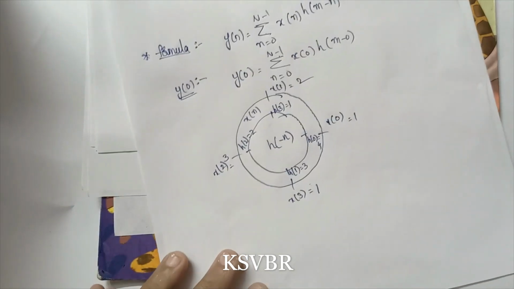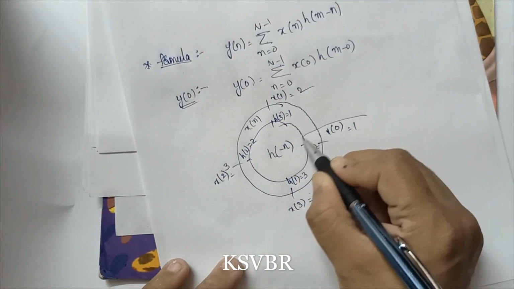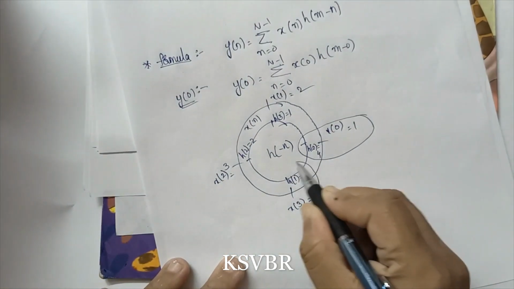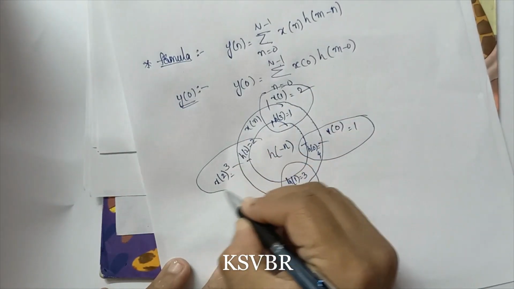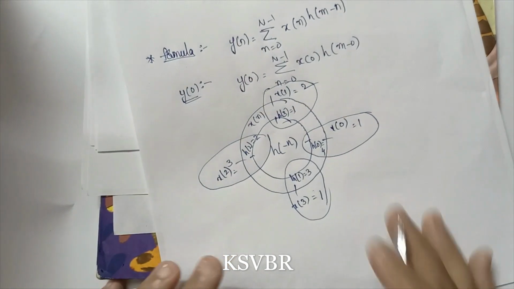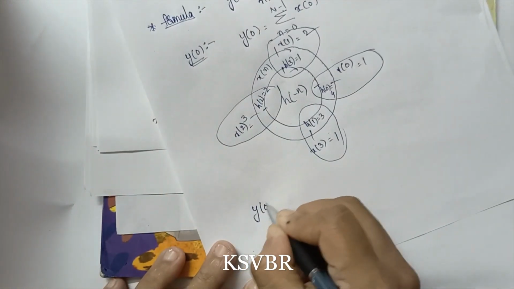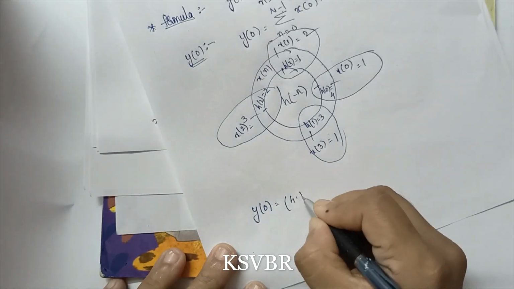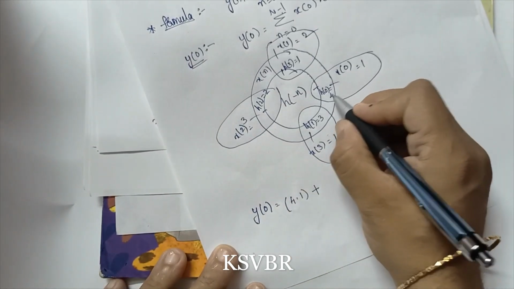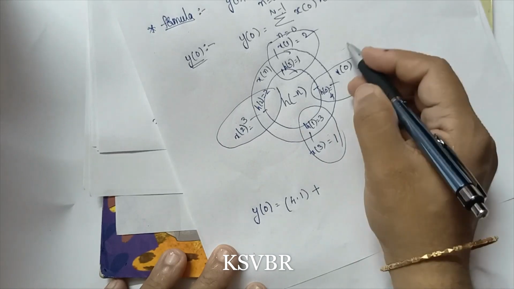So now what we have to do is find overlaps. So like this we have to find overlaps. So what will be y of 0? First 4 into 1, plus we have to multiply these two and add.